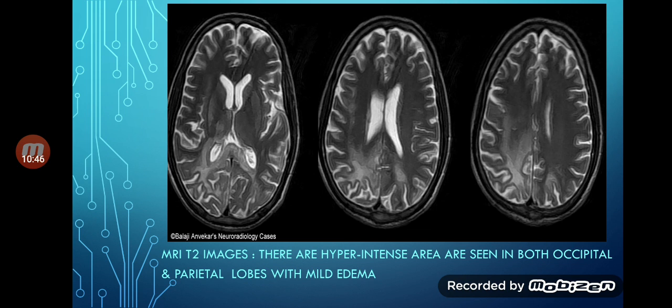I can see there's obvious edema because of the involvement of the cortex. There is a hyperintense area involving the cortex and subcortical area. This excludes an underlying tumor, because a tumor does not involve the cortex; the edema involves only the white matter. That excludes the tumor.